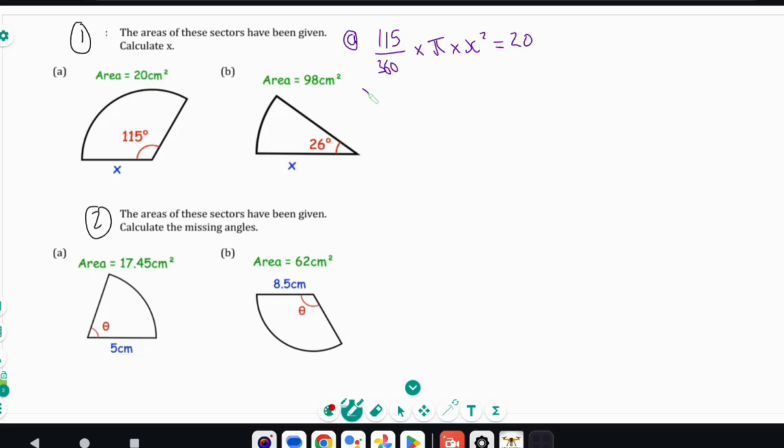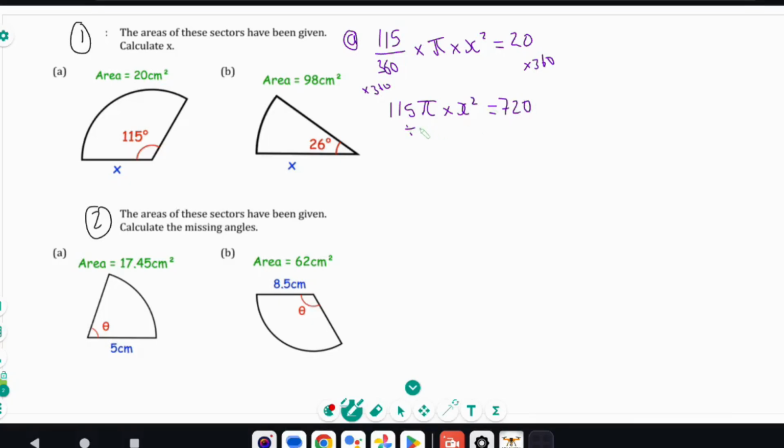So I'm going to times by 360 first, which gives us 115 pi times x squared is equal to 7,200.